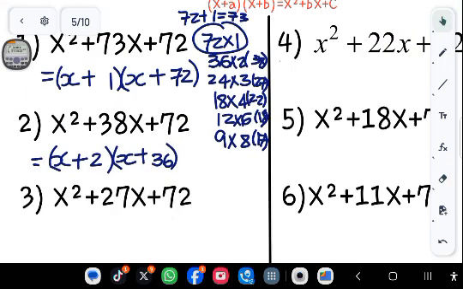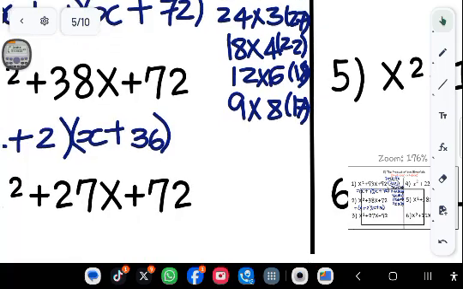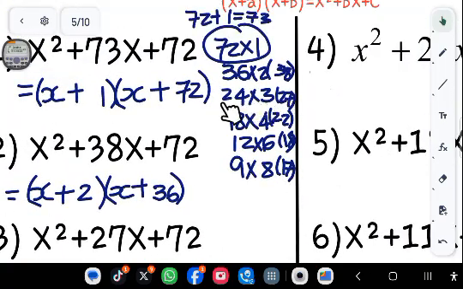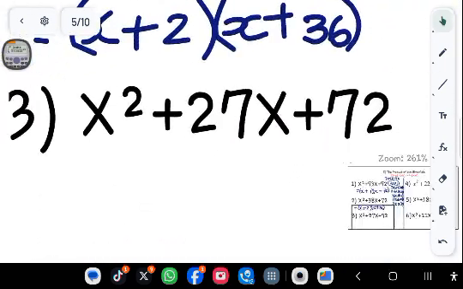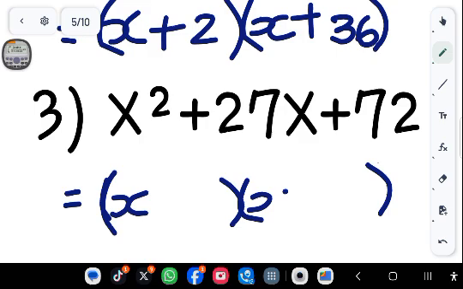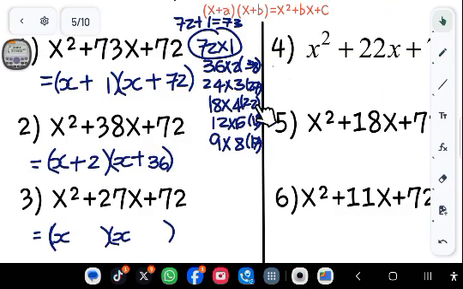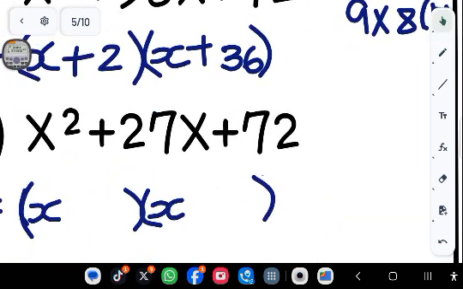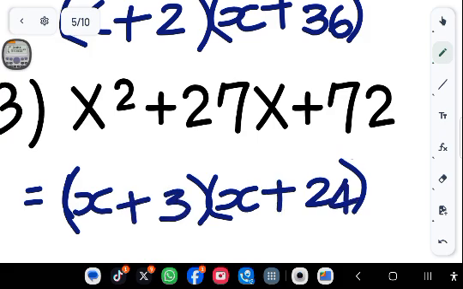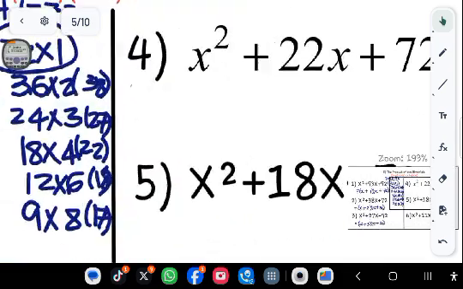Next, same factor pairs, but we need one that will give us 27, and this is 24 times 3. So that is x and x, and then we'll write 24 in one bracket and 3 in another bracket, and that gives us the answer to that question.